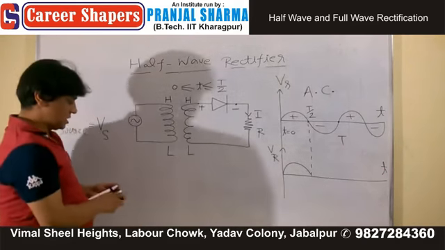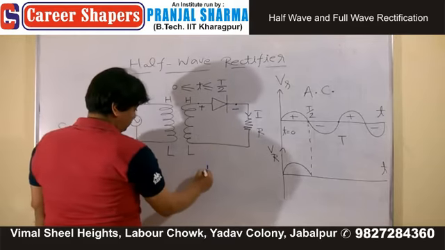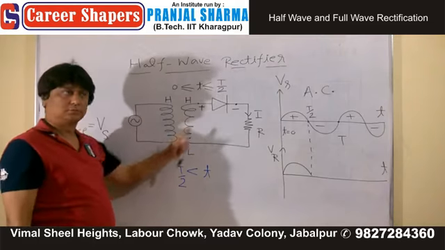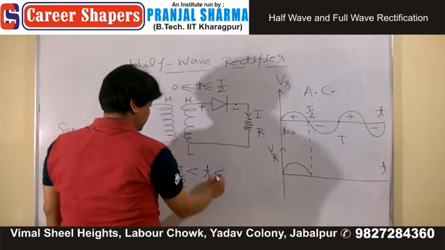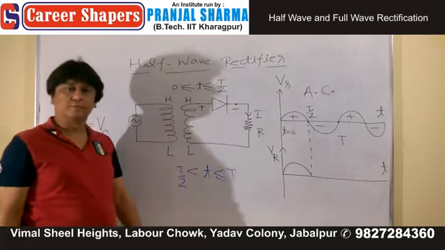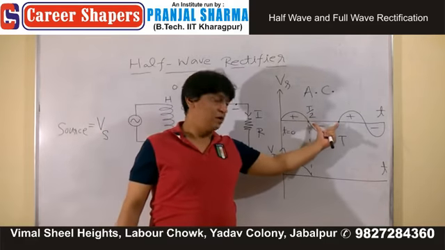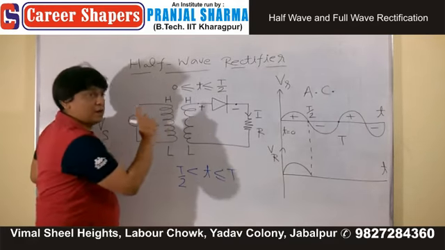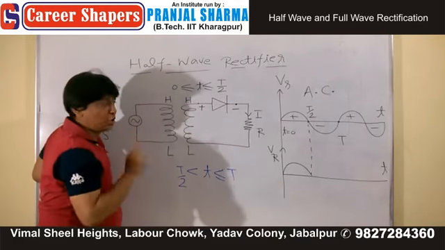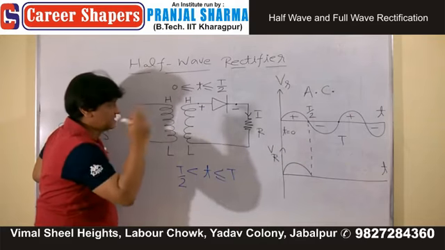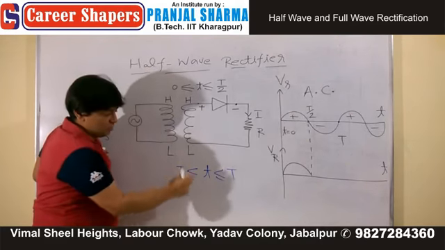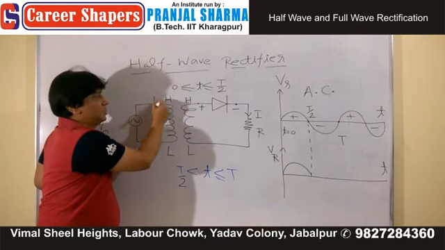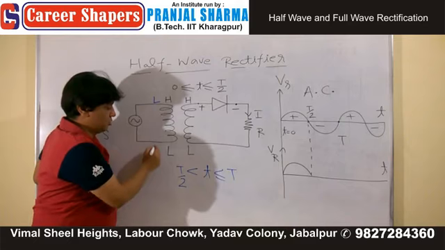But the moment your time is greater than T by 2 and less than or equal to T, in this part, I'm showing the whole thing with blue color. You can also use the same technique. For this time range, this high becomes low, this low becomes high.